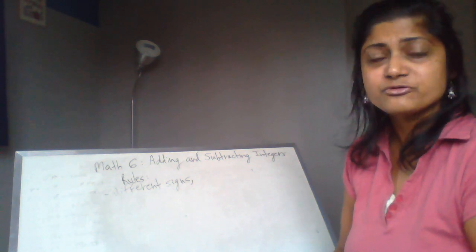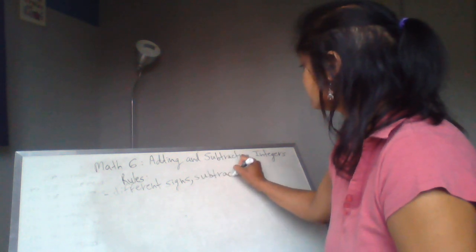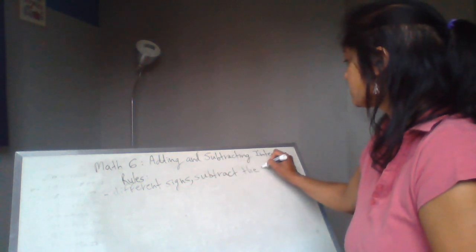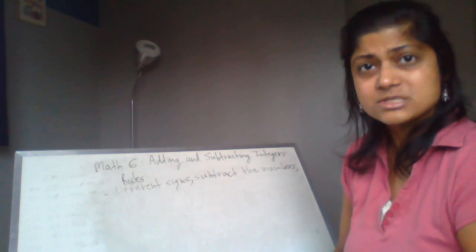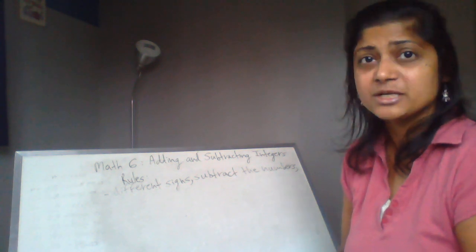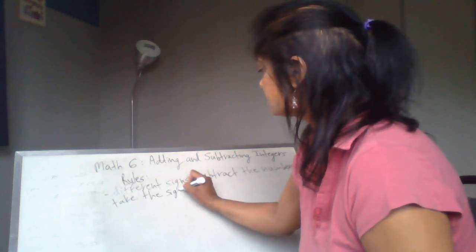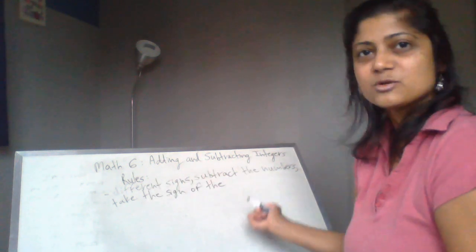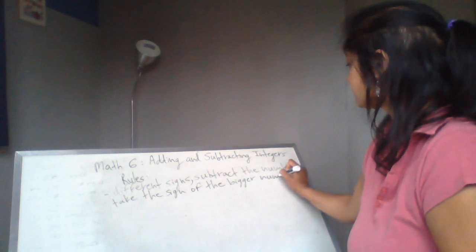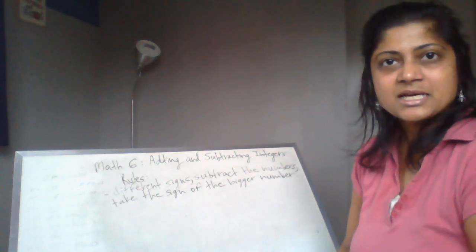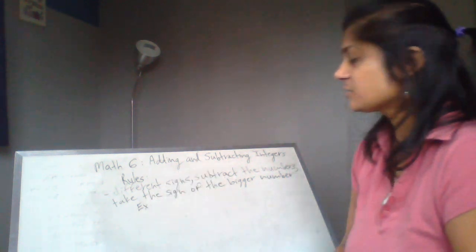So when the signs are different, this time I'm going to subtract the numbers. But just like the first rule, I'm going to take the sign of the bigger number. And let's try an example so we can apply this rule.